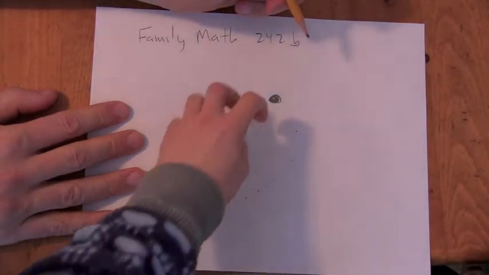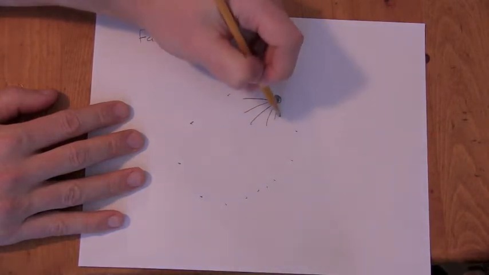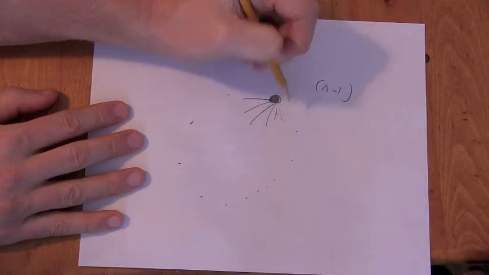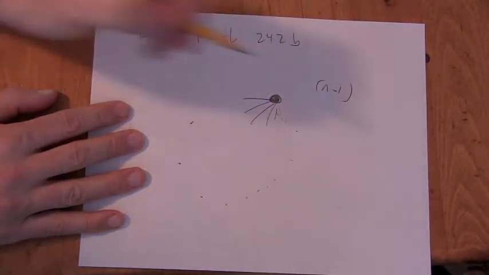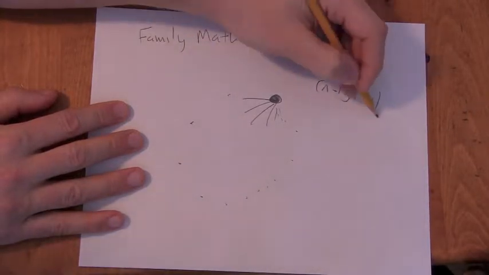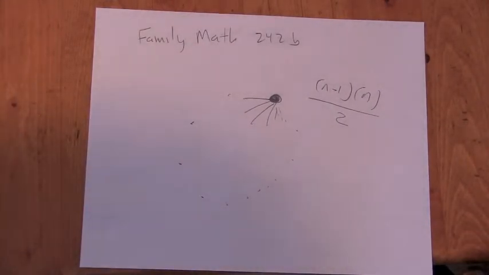Because you're not counting this point. So this has n minus 1 coming out of every dot. You could do n minus 1 times n. But you'd have to divide by 2 because, again, you overcount everything. Interesting. n minus 1 times n over 2.